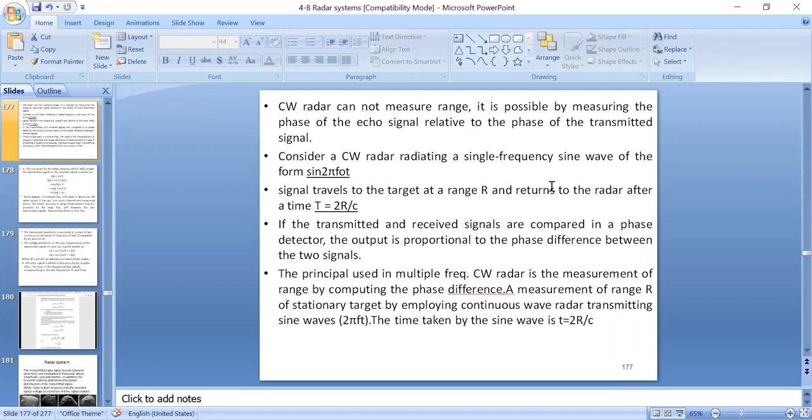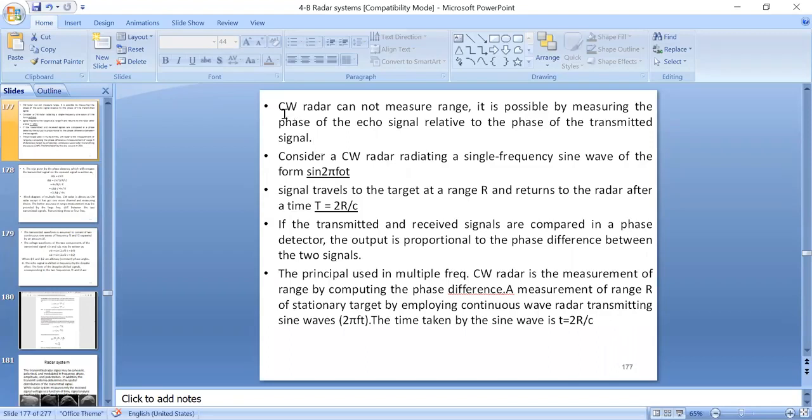Simple concept. Instead of transmitting a single continuous wave, you are transmitting two or more signals, and you are identifying the phase difference. You are using the phase information to calculate the range. I will explain how we calculate the range by using that phase difference, so no need to worry. You need to calculate the phase difference. The phase difference is used to calculate the range of the target, right?